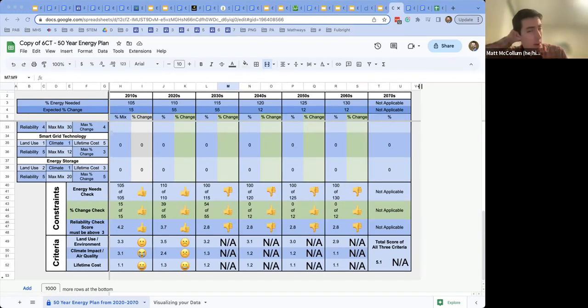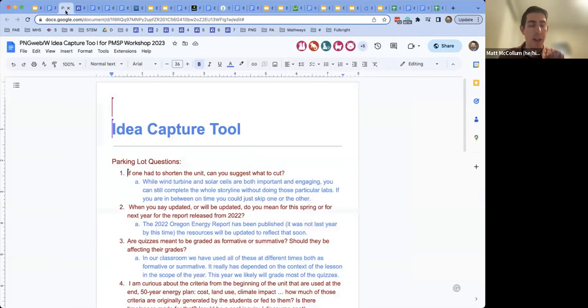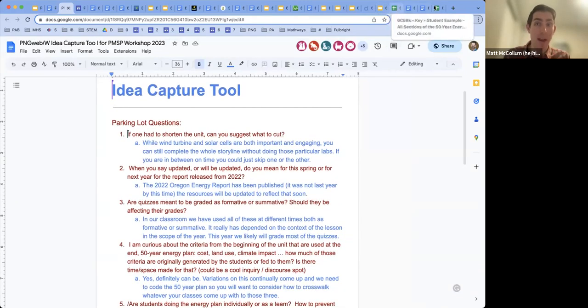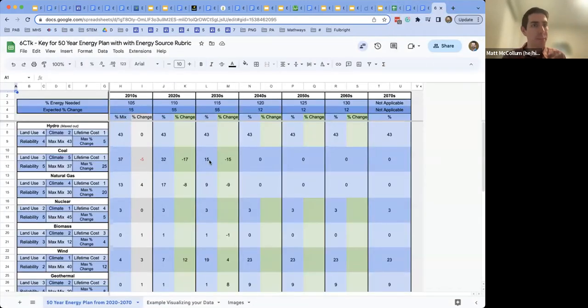Good. So we hope that was at least some time to dive into that 50-year energy plan, especially with the new changes in mind there. We wanted to give you some time to be able to do that and play around with it. We would definitely be willing, maybe after talking about the idea capture tool questions, to talk through any verbal questions that people have regarding that.